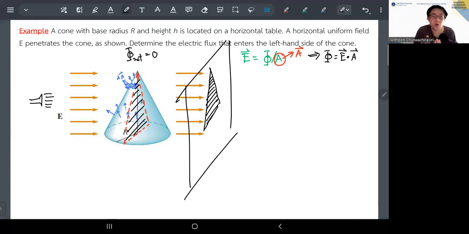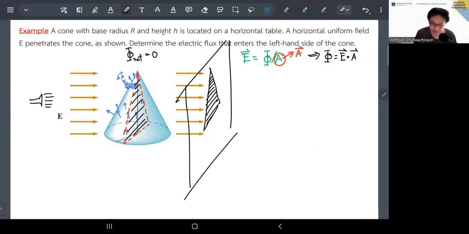You only care about the surface that gets projected onto a surface perpendicular to the E. So it's the same thing as only looking at the shadow of that area. Does that make sense now?